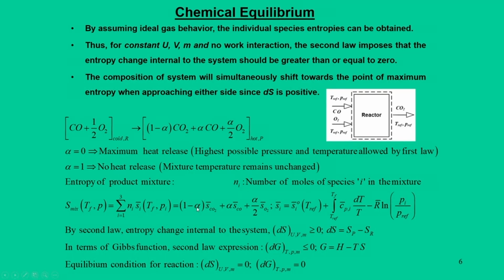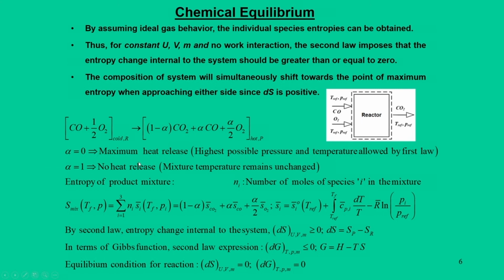This is the summation of the component molar entropies. At any arbitrary instant we can find the mole fraction of CO2 and its corresponding molar entropy, the mole fraction of CO and its corresponding molar entropy, and the same for oxygen as well. From the data table, one can find the entropy of formation at reference temperature, and subsequently, knowing their respective mole fractions and partial pressures, one can determine the mixture entropy.